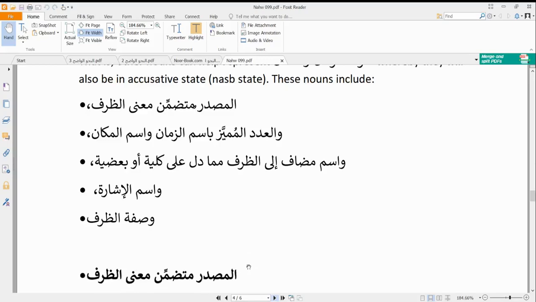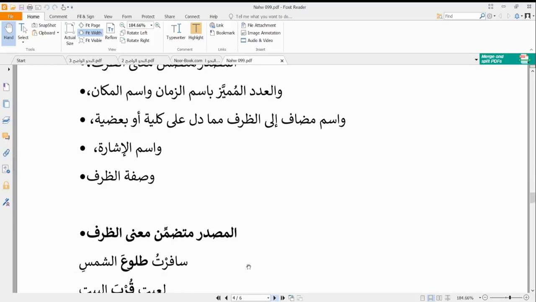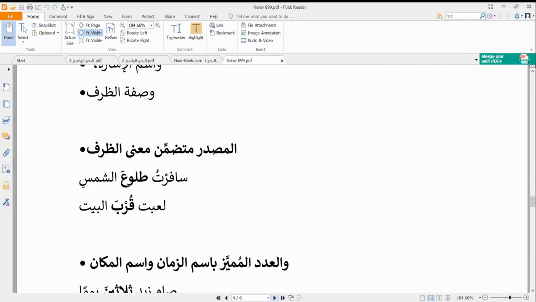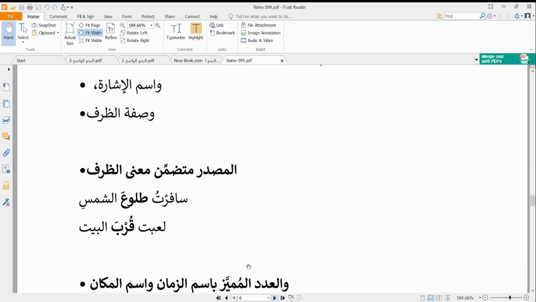Let me just go to the explanation straight and I'll take them one by one. So al-masdar mutadammin ma'na zarf is a masdar, that is a gerund, that has the meaning of a zarf. For example, safartu tulu' ash-shamsi, I traveled at the time of the rising of the sun.